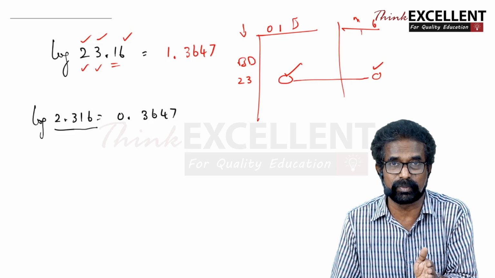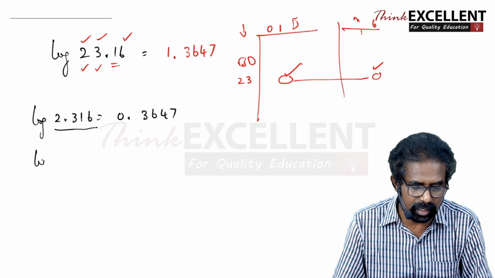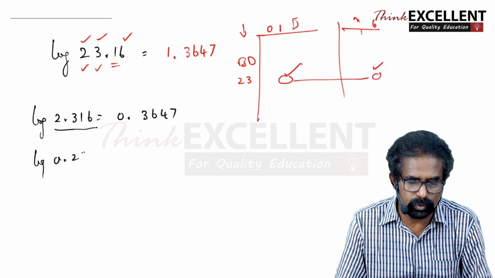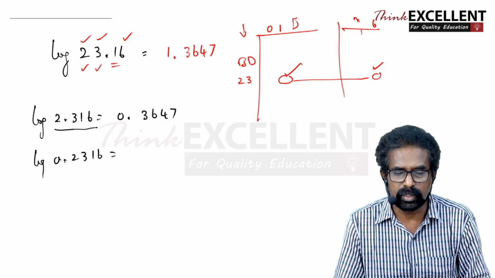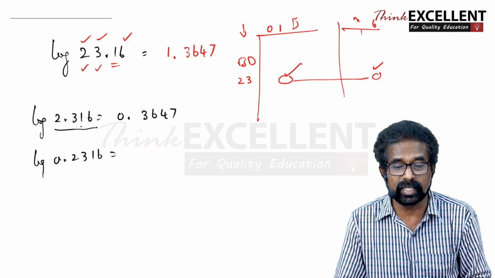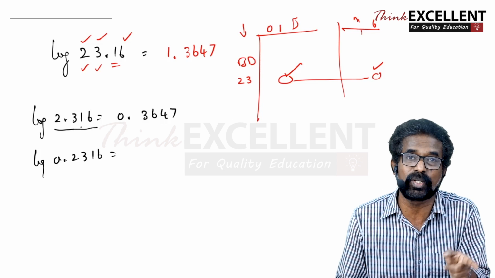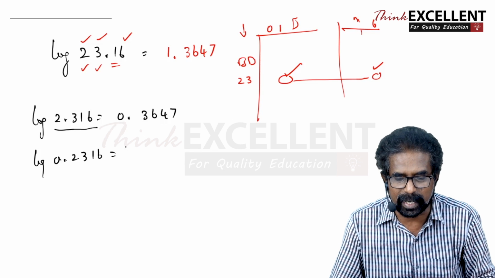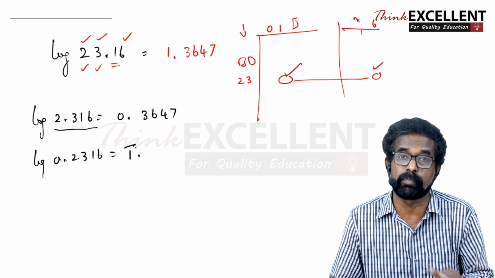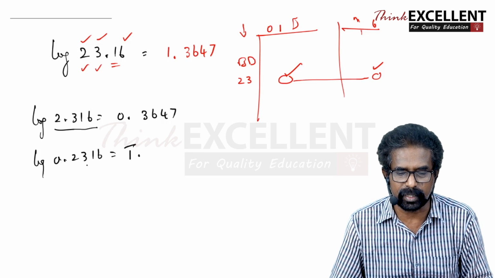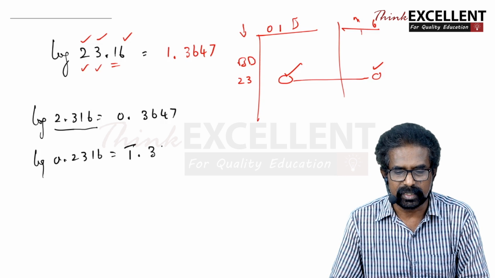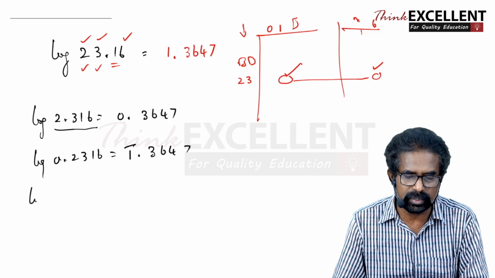Suppose the question is the log of 0.2316. Now before the point, there is no number. If there is one number, you write 0. If there are no numbers, you write -1. That -1 we write like this and read as bar 1. So it is bar 1.3647.